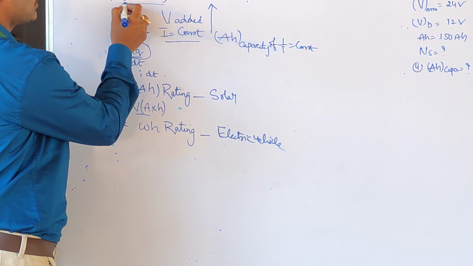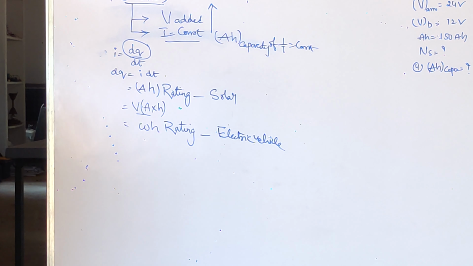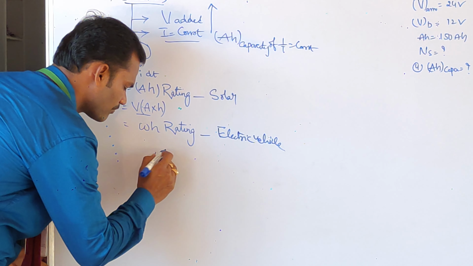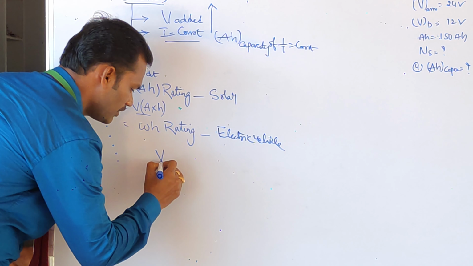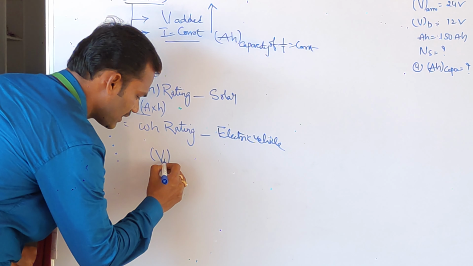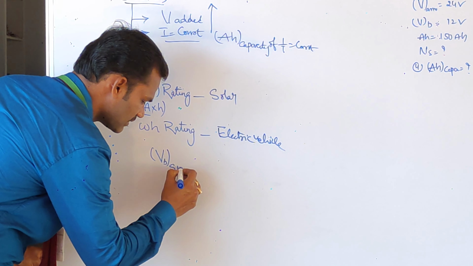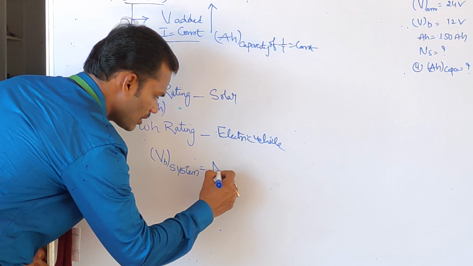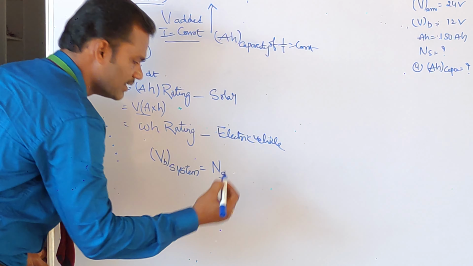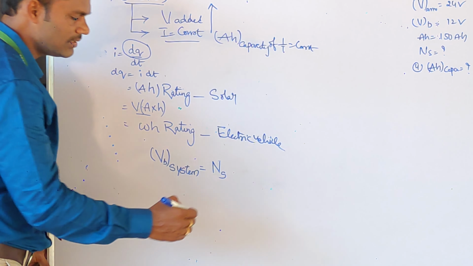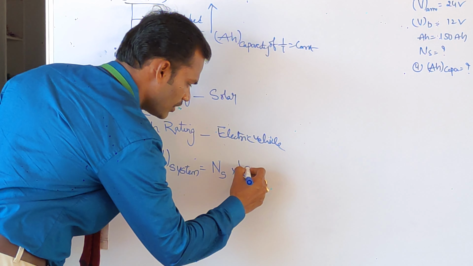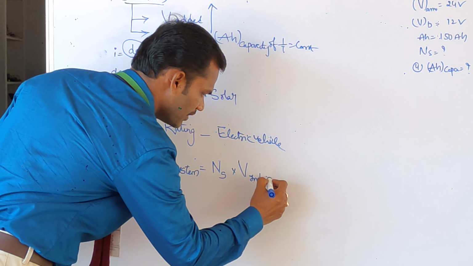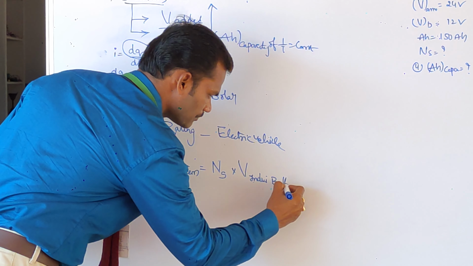Now let's understand with an example how many batteries are required. The voltage of the battery system, also called the system voltage, is equal to the number of batteries connected in series multiplied by the voltage of the individual battery.